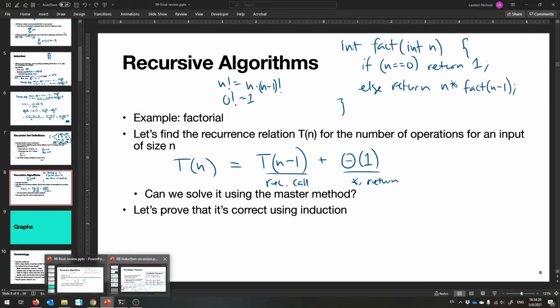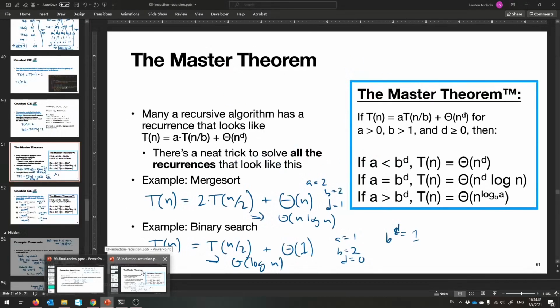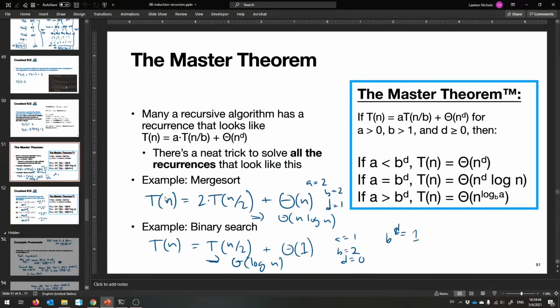Here are those slides. So does our factorial recurrence look anything like this? We got a theta of 1, which is just d equals 0. But we don't have this kind of factorization of the n. We don't divide by anything. We don't even multiply by anything.